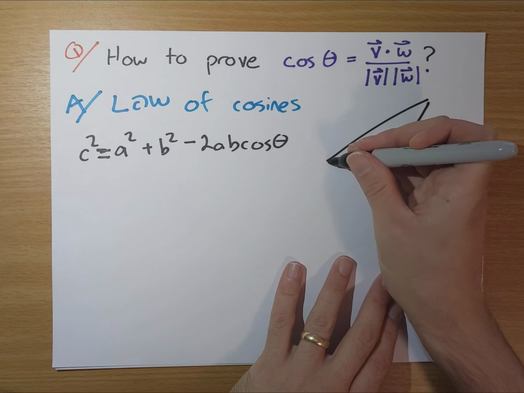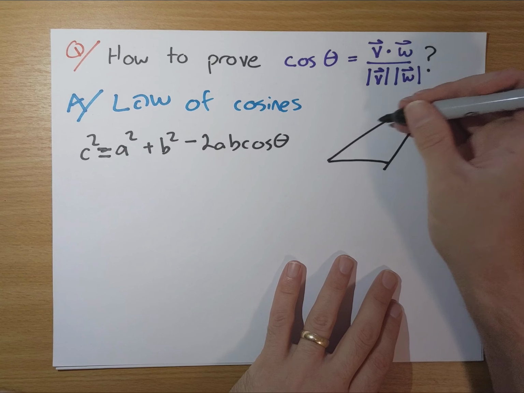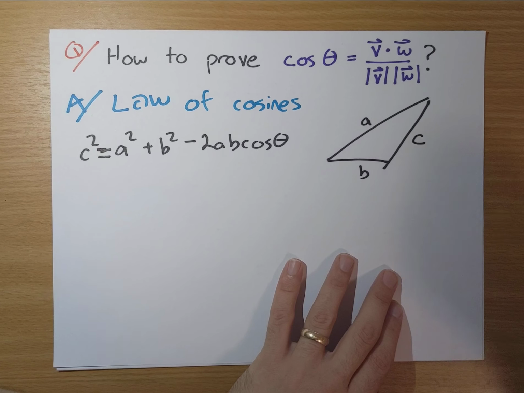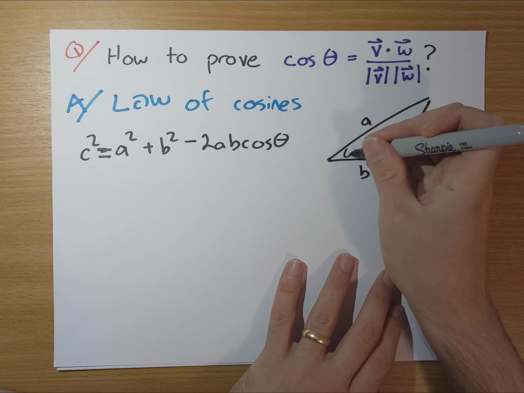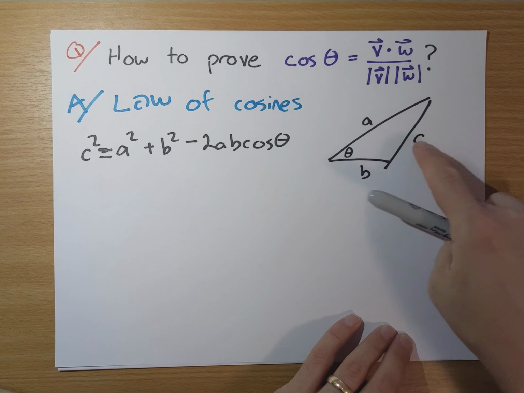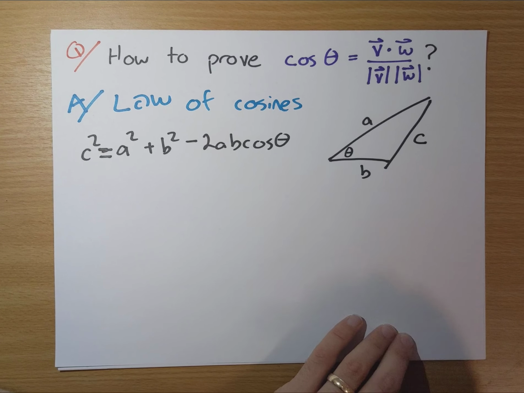So this is my triangle. I'm going to have sides a, b, and c. Those are the side lengths. And theta has to be the angle that is opposite of c, between a and b.